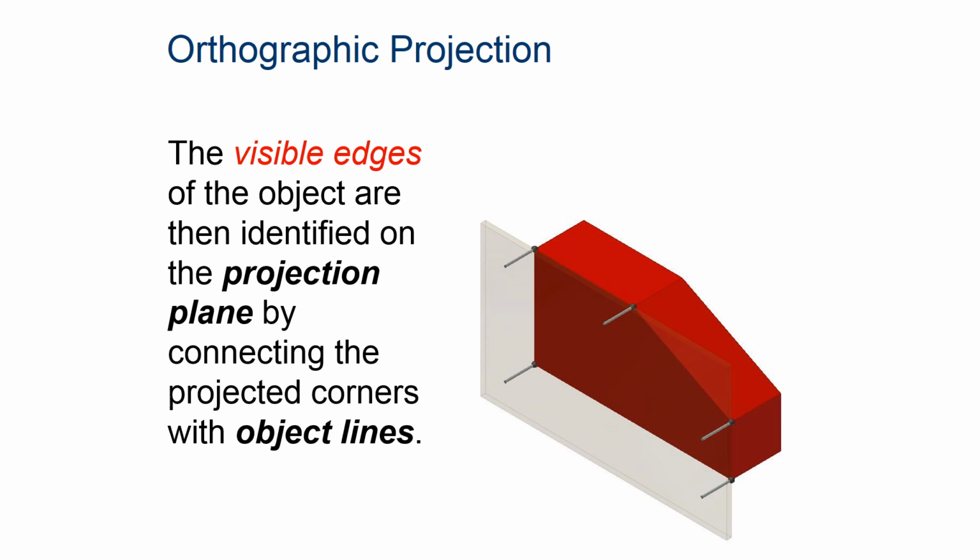If there's an imaginary piece of glass, you just take your imaginary pen or your actual pen and draw on the piece of glass where you see the object. That's what you're doing in your mind's eye. You're ignoring the depth. It is not 3D, and you're just saying, okay, there's a line here, there's a line here, there's a line here, and there's a line here. So once you project that out, this is kind of what you get. You see it in green.